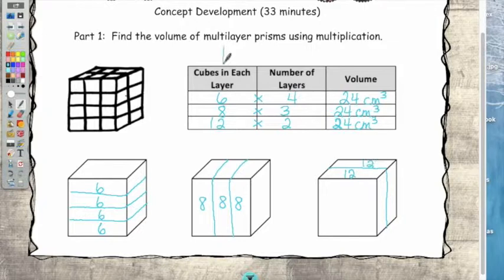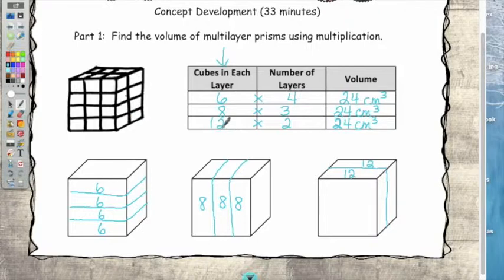This measurement right here is actually 2 measurements combined. This 6 is actually 3 times 2. Okay? This 8 is actually 4 times 2, or 2 times 4, right?